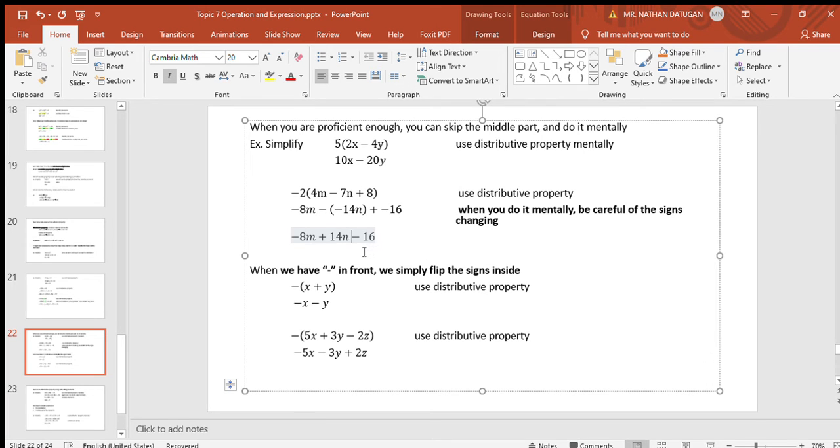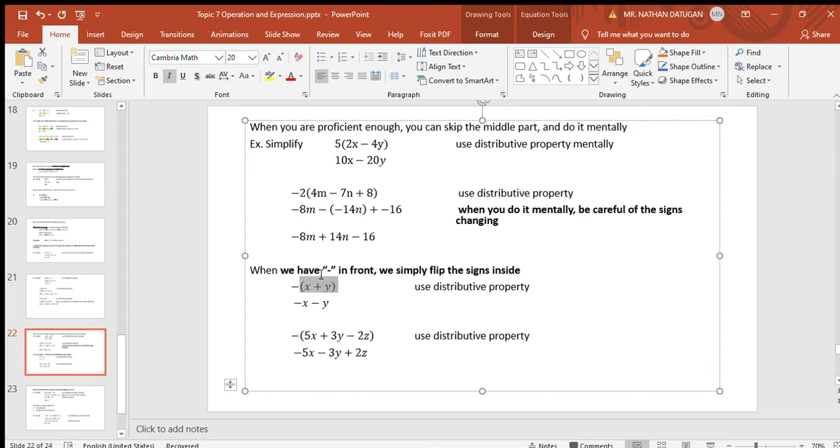Now, how about what if we simply have a negative in front of the parentheses? What do we do? Well, when we have a negative in front of the parentheses, that negative is not just minus, it's actually a negative 1. We're basically multiplying negative 1 to all the terms, and when we do that, the signs inside the parentheses flip.